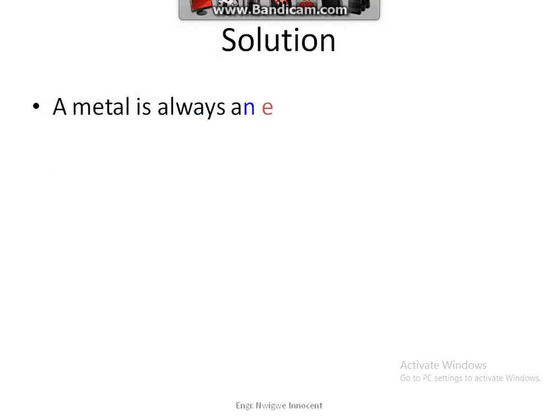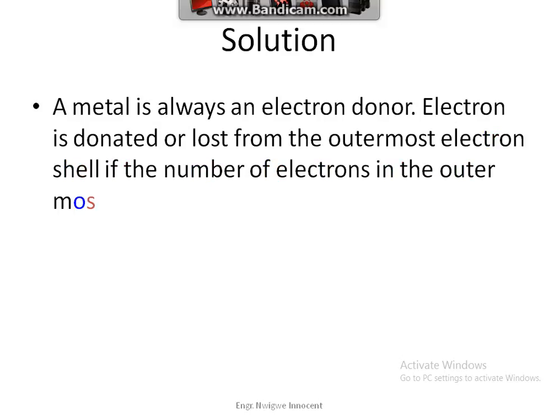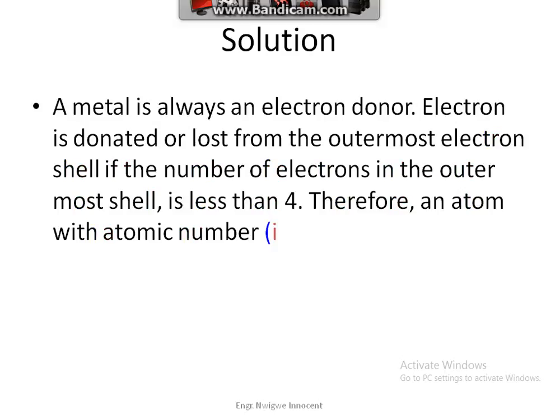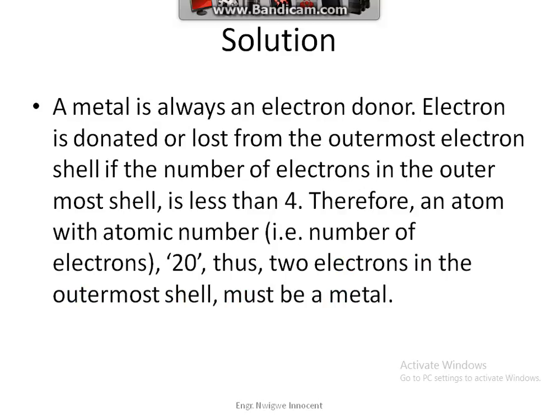A metal is always an electron donor. Electrons are donated or lost from the outermost electron shell if the number of electrons in the outermost shell is less than 4. Therefore, an atom with atomic number, that is number of electrons, 20, thus 2 electrons in the outermost shell, must be a metal. Therefore, the answer is B.